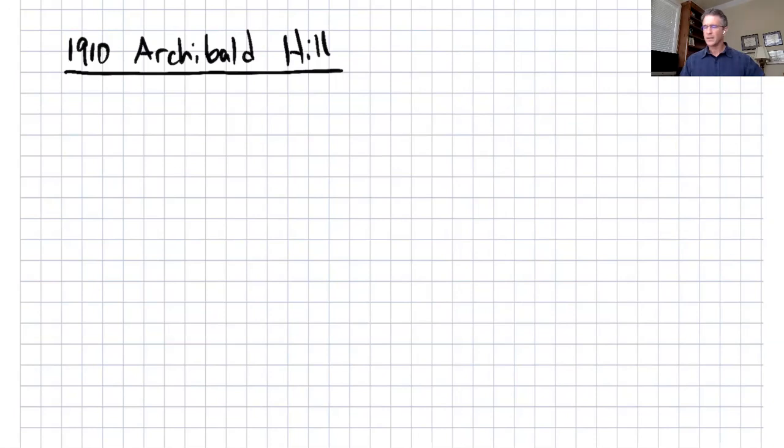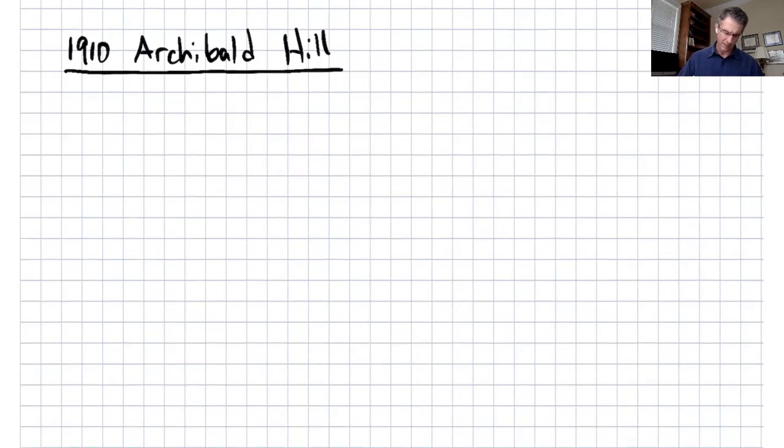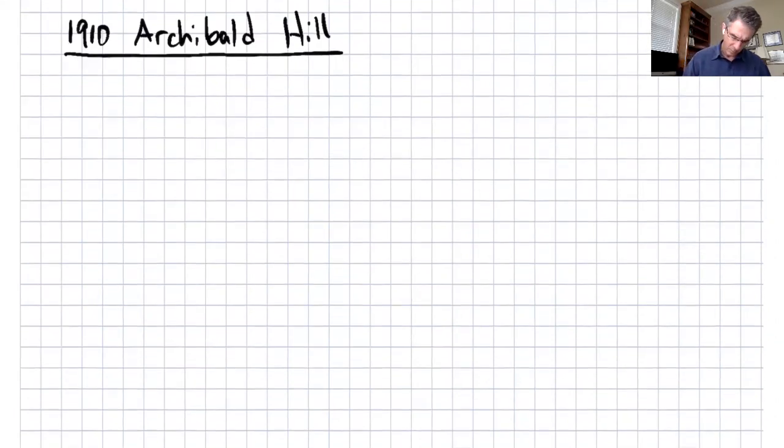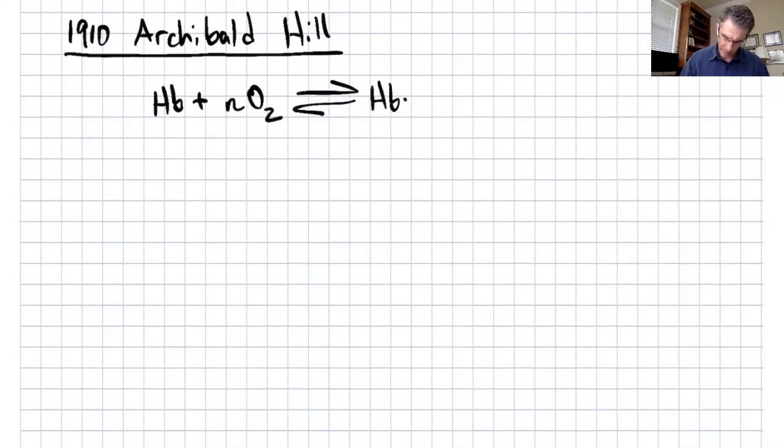And so Hill sat down and tried to develop a quantitative approach to predicting that based upon things he could measure, right? And so what Hill said was, well, all right, let's say we've got hemoglobin and it can bind some unknown number of oxygen molecules. So we can write that out as hemoglobin bound to n moles of O2.